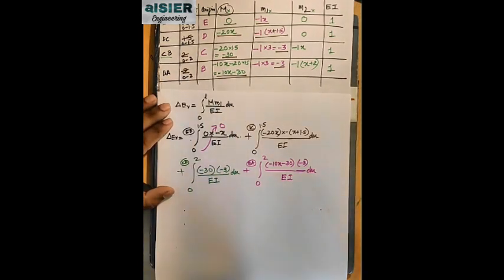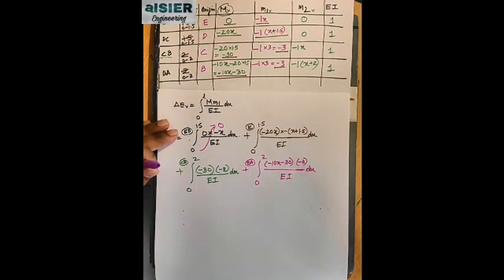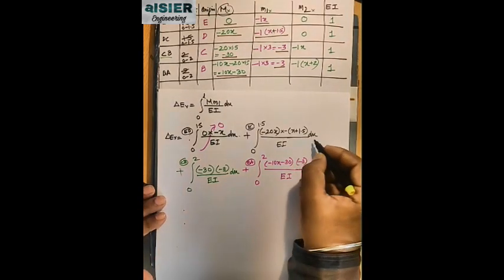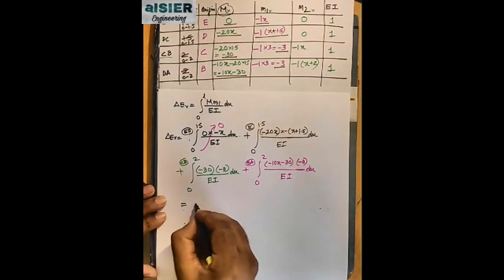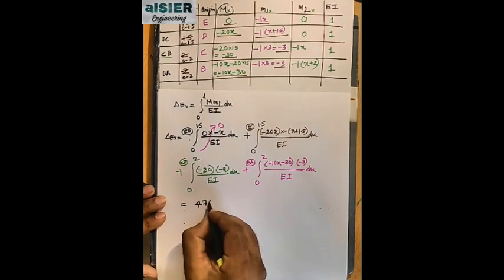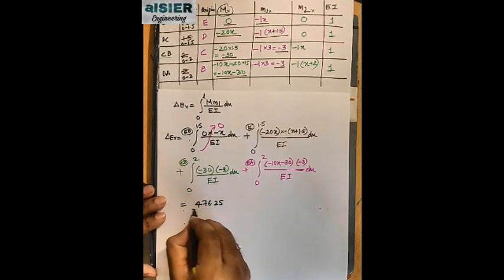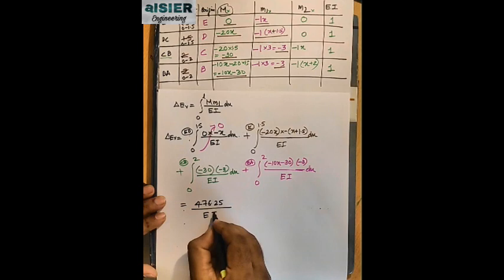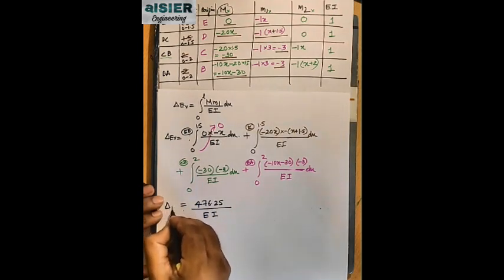Okay, after solving this in the calculator, you will get the answer as 476.25 upon EI, the value of delta EV.